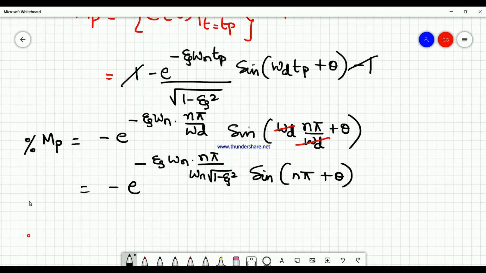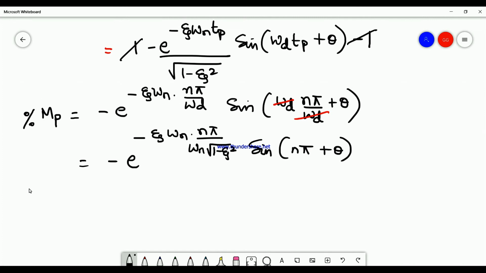Here the sine of n pi plus theta would be equal to, if you see in mathematics, minus sine theta, right? Minus sine theta.